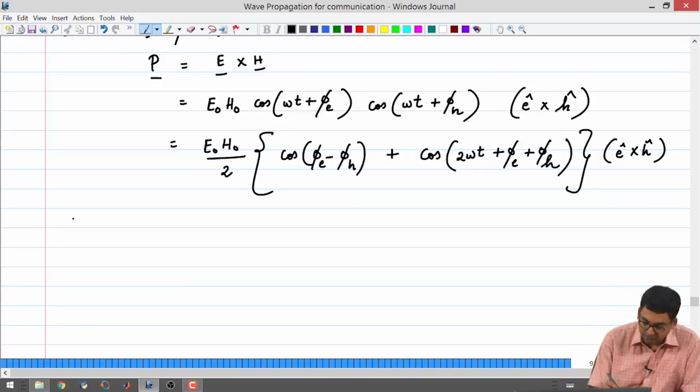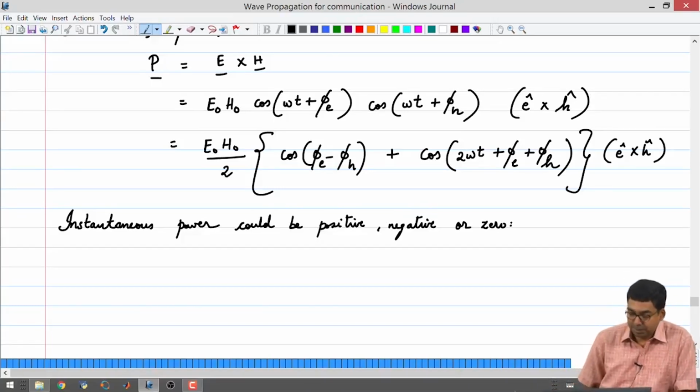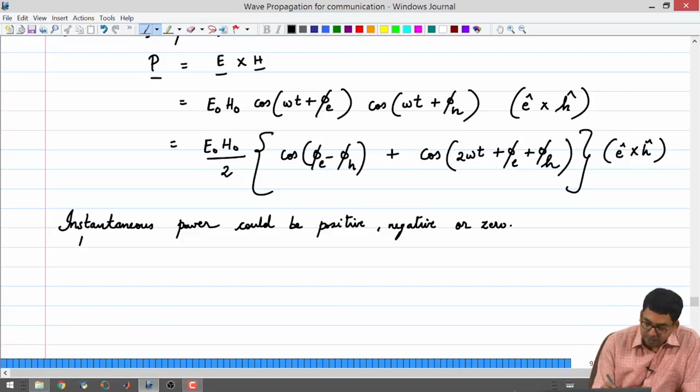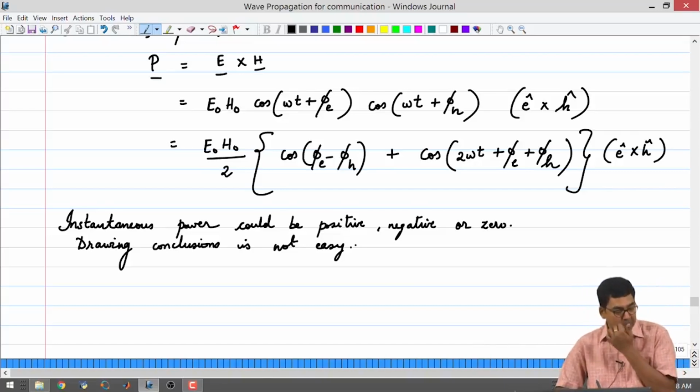So, to just write this down: instantaneous power could be positive, negative or 0, which means that drawing conclusions is not easy.